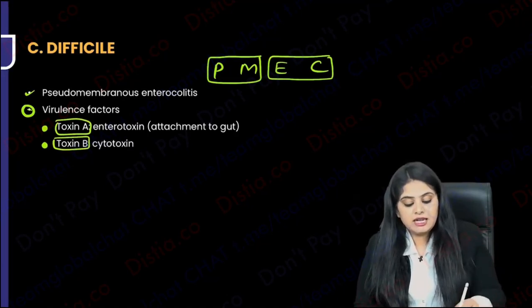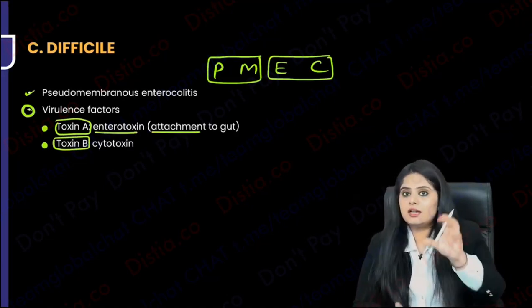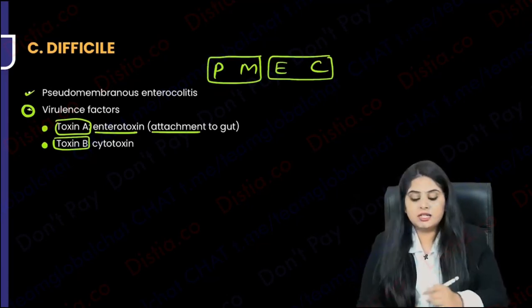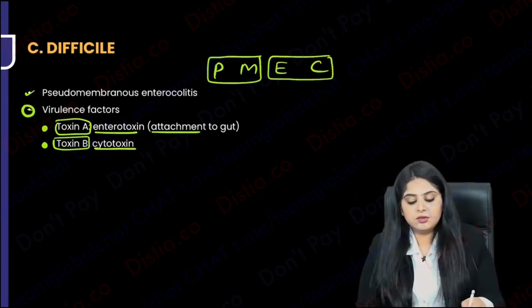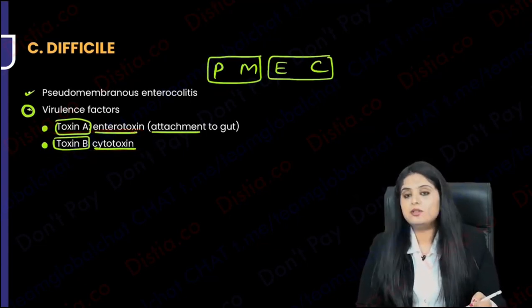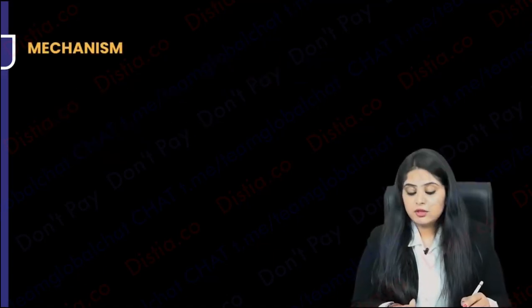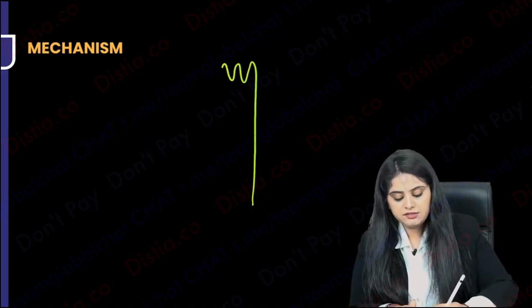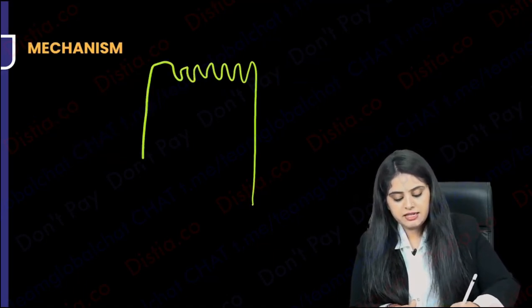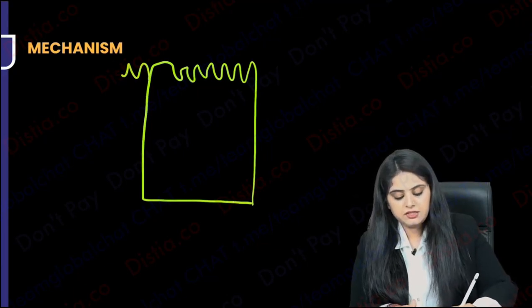Toxin A is an enterotoxin which is going to go and attach entero, intestine se attach karega. Toxin B is going to kill the cell, cytotoxin. So one is an enterotoxin, one is going to be a cytotoxin. So what is the mechanism of Clostridium difficile? Let us all draw one really big 2-3 cells for us so that we can easily identify what is happening in the intestinal cells.